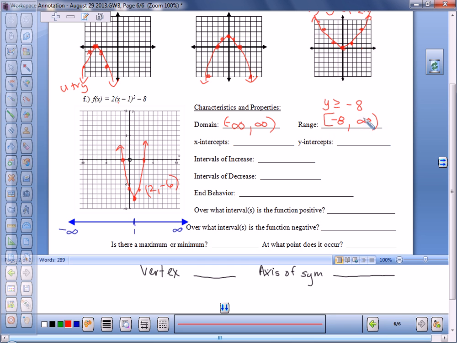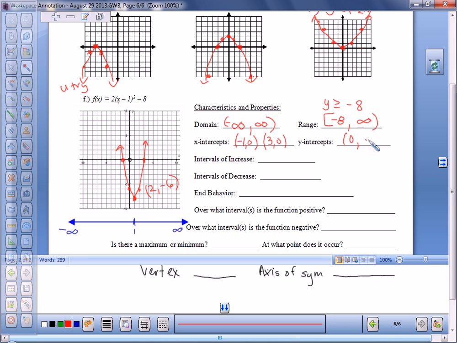Okay, x and y intercepts. Well, we can see them clearly on our graph, can't we? The x-intercepts are negative 1, 0, and 3, 0. And the y-intercept is 0, negative 6. Now, what if I didn't have this nice graph and I just had this equation?